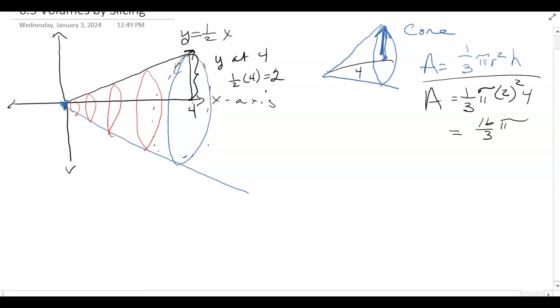And I say, okay, my volume now is made up of all these circle slices. Each of them is the area of a circle at some value x, and of course it has a width. So each of these circles has a different area, dependent upon the x value wherever the circle actually is.